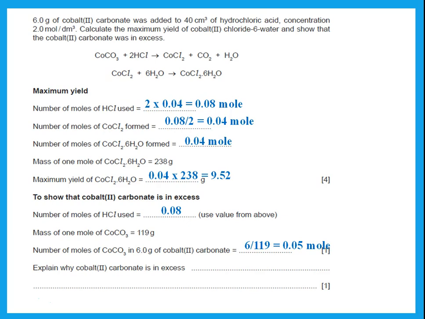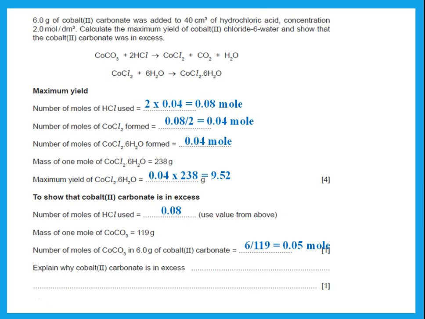Now, comparing the 0.08 and the 0.05, the HCl is 0.08 and the cobalt carbonate is 0.05. If I look at the original equation, it says the number of moles of HCl should be twice the number of moles of cobalt carbonate, or the number of moles of cobalt carbonate should be half the number of moles of HCl.